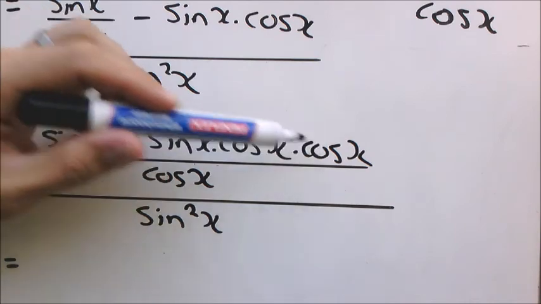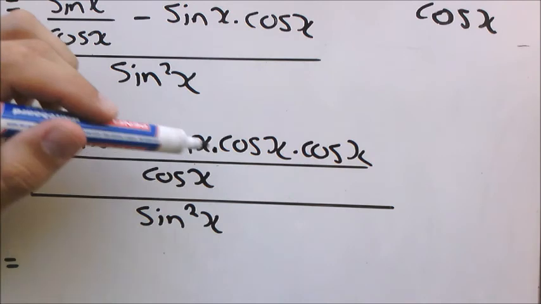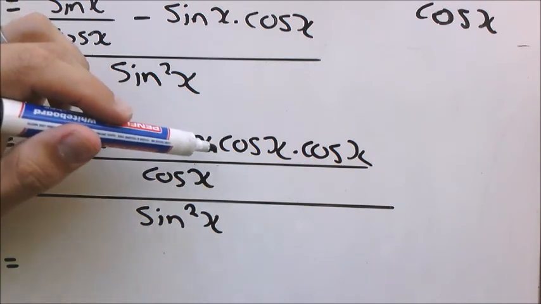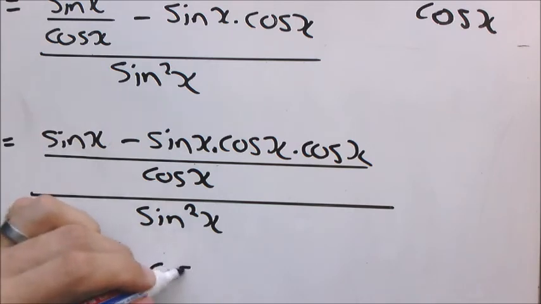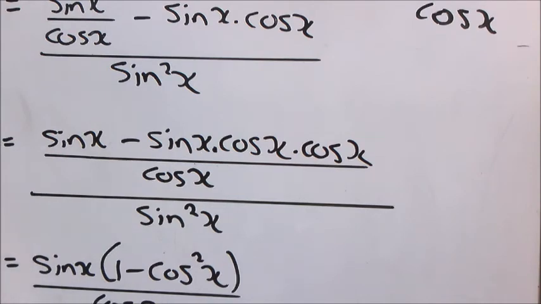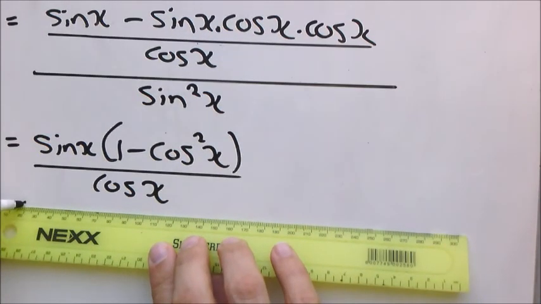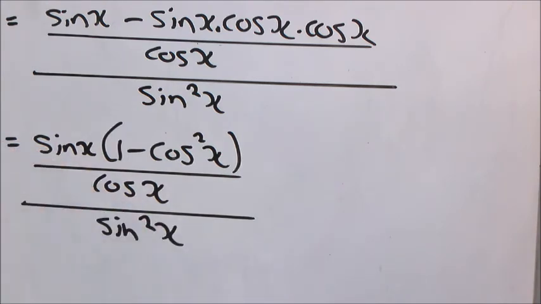Now this will become a cos squared x. So you can see we've got a common factor for these two terms. So I will start off by simplifying that. So this will become a sin x bracket 1 minus cos squared x divided by cos x divided by sin squared x.